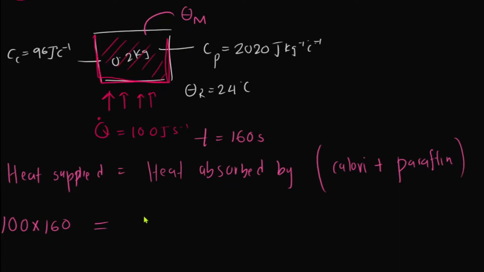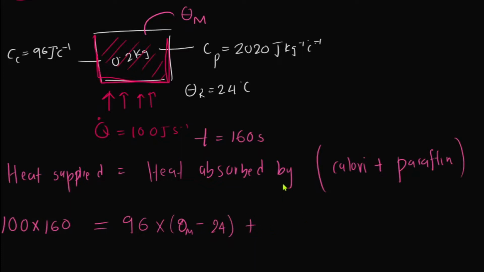That amount of heat was absorbed by whom? By the calorimeter and paraffin. The specific heat capacity of paraffin is given. Since both the paraffin and the calorimeter are in thermal contact, they should both reach the same temperature, theta m, minus the initial 24 degrees Celsius.